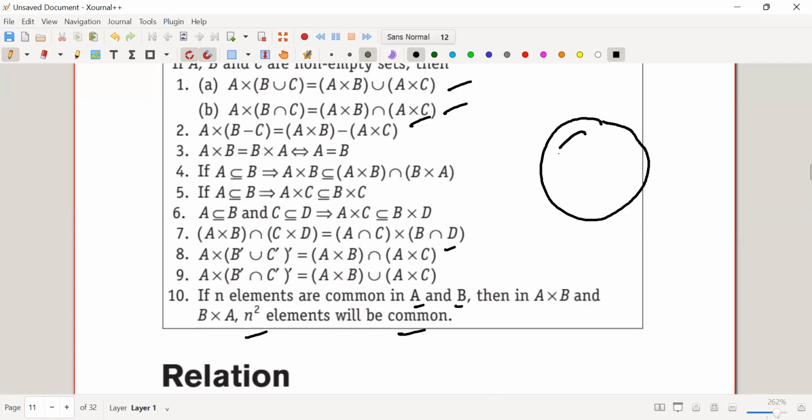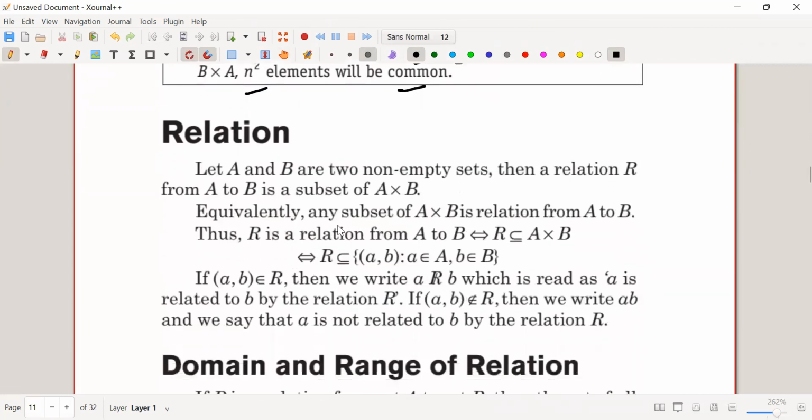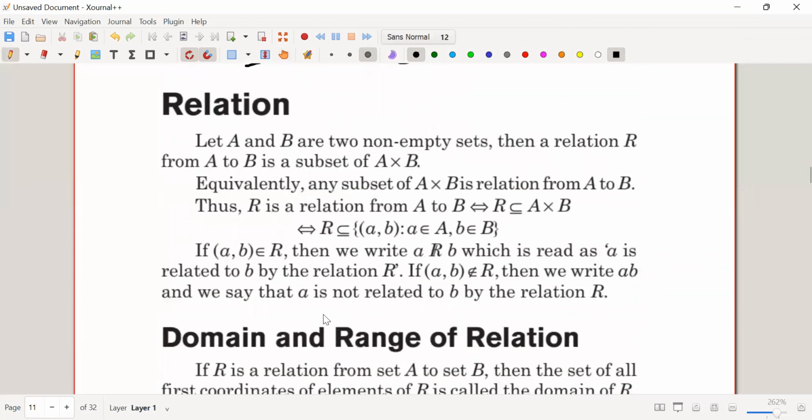From that, we'll be getting relation. From that, we'll be getting function. From that, we'll be getting composite function. It goes on from here. Let's see how relation will help you, how strong you are in relation.